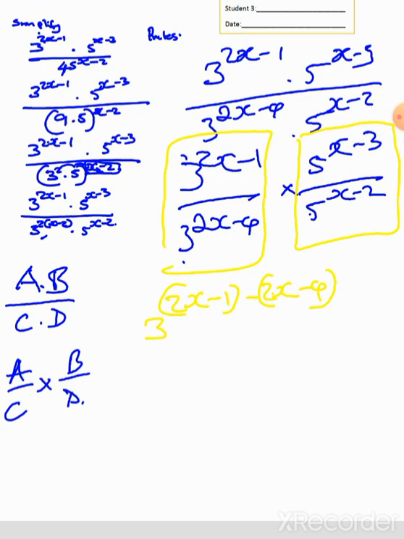Then this side, but remember there's a times, can be written as 5 to the power of x minus 3, brackets, minus x minus 2, but in brackets.